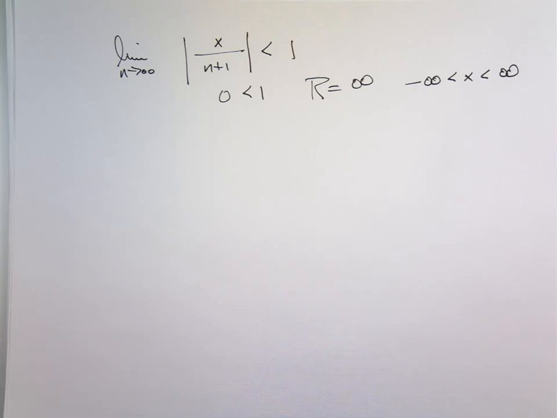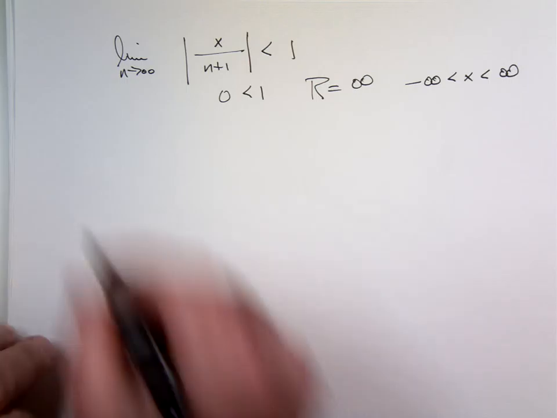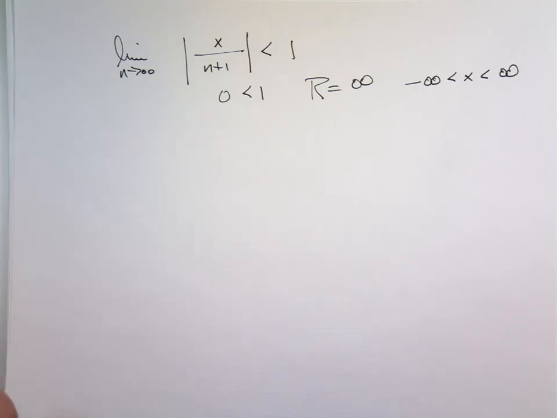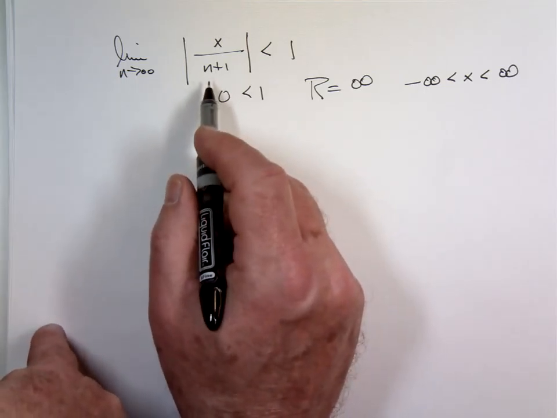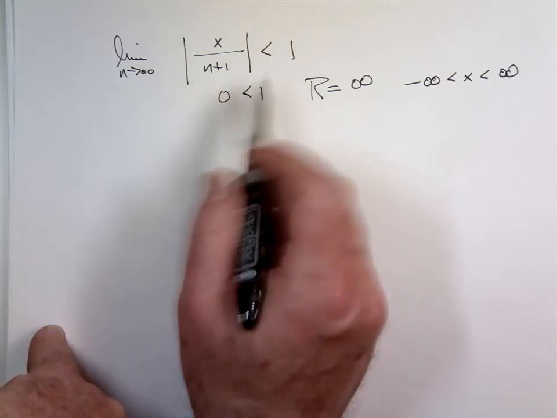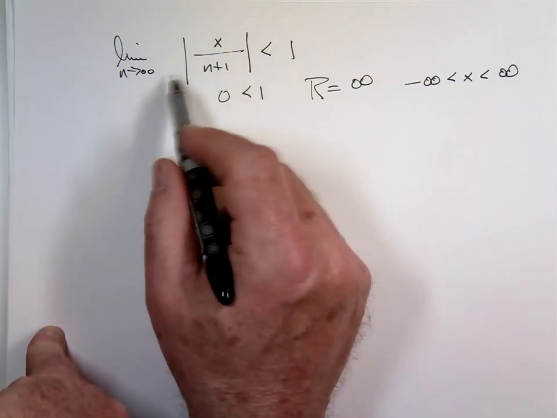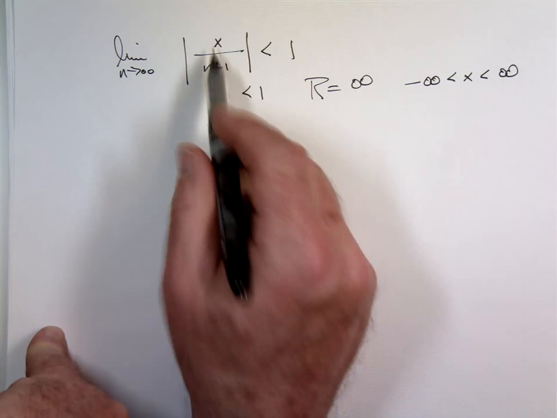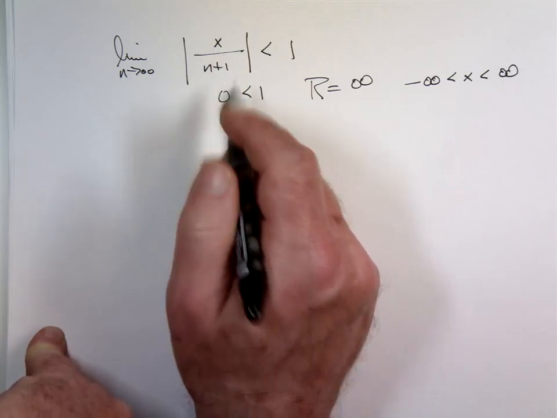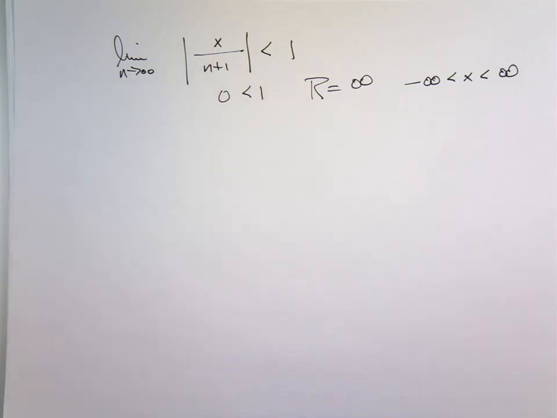Yes. So if it's less than 1, then that means it's infinity. What if it's greater than 1? Let's say it was like 2 instead of 0. If this came out to 2, the limit as n goes to infinity came out to be 2, then it diverges, and the radius of convergence would be 0 in that case.